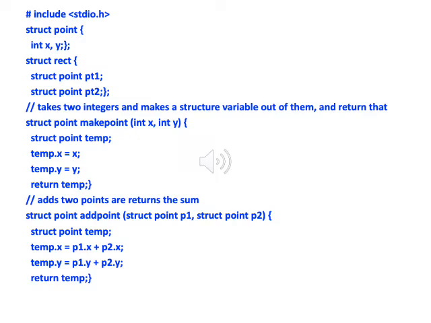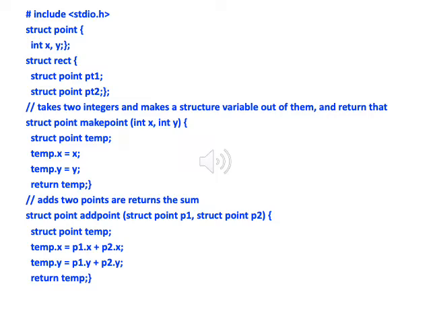So what are the arguments for this function? It's two integer values, one for x and one for y. All it needs is the values of x and y, and from those values it can create a specific point. Now, what is the return type for this function?